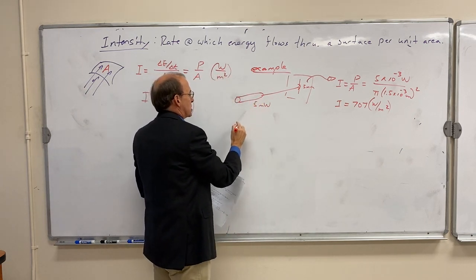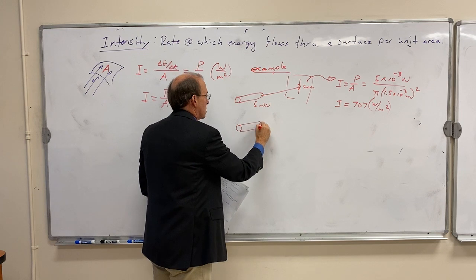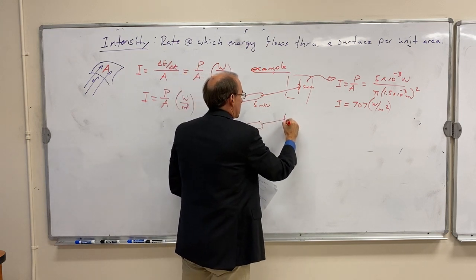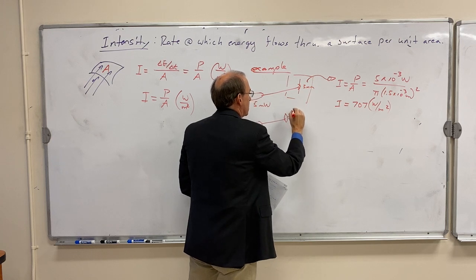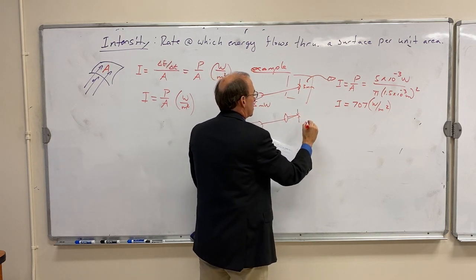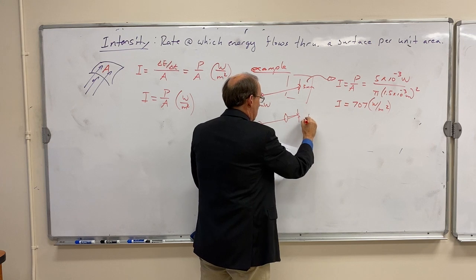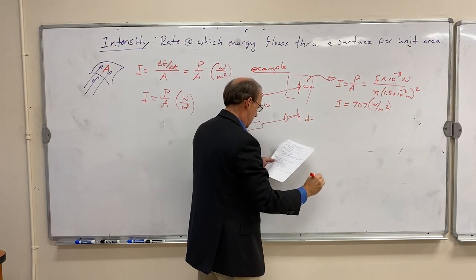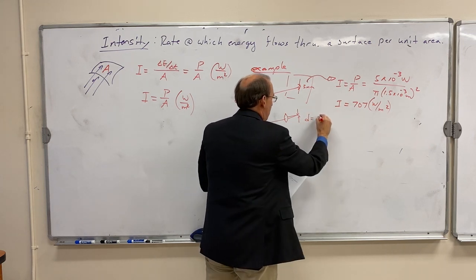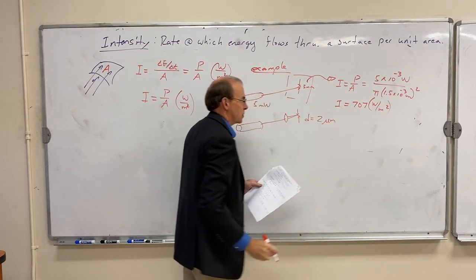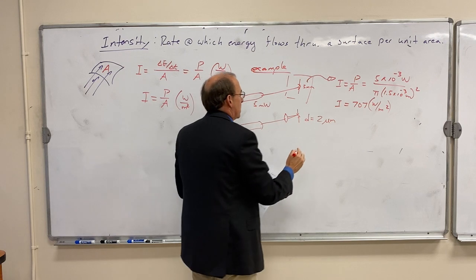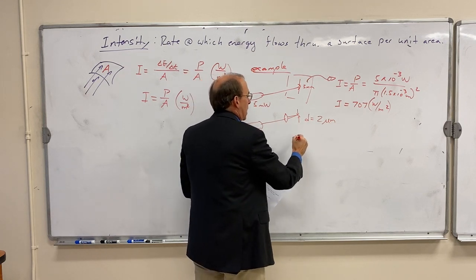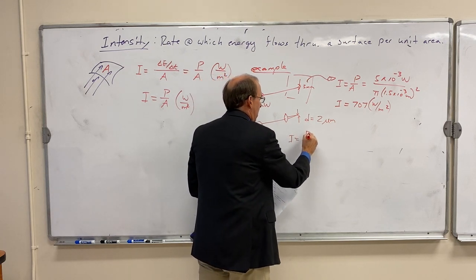Now suppose you take the same laser and you take a lens and you focus it down to a really tiny spot. You focus it down to a diameter of, let's say 2 microns, 2 micrometers, which is plausible. You can do that. Now intensity would be power per unit area.